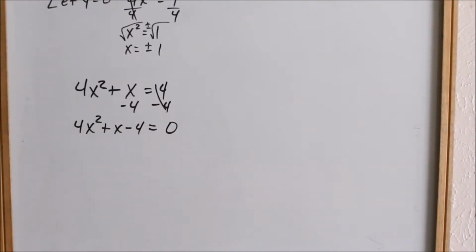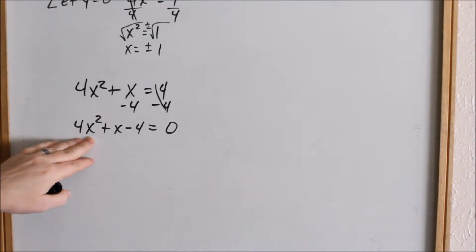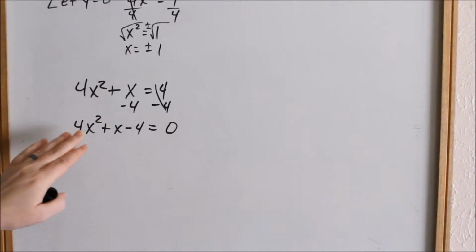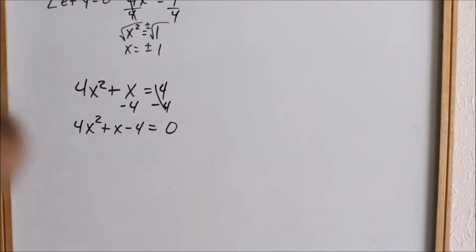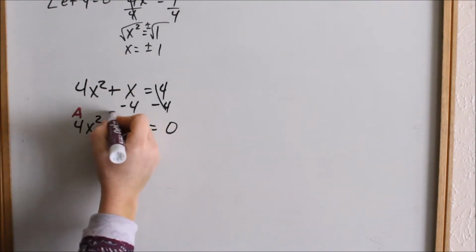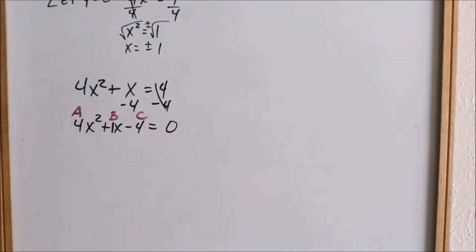So you want to look to see if it factors. If it doesn't factor, most likely you're not going to complete the square. You'll use quadratic formula. So if it does not factor, my recommendation is use quadratic formula. So again, for quadratic formula, A, B, C. So what is my number for B? What's the coefficient in front of here? 1.